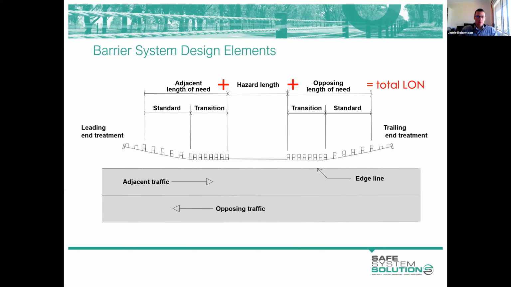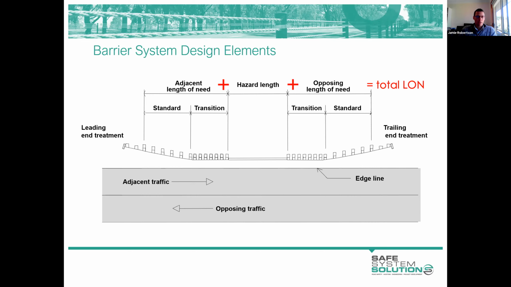So we might have a one-way roadway or a two-way roadway. If it's a one-way roadway, we're only concerned about shielding a hazard for one direction of travel. If it's a two-way situation, we need to think about the length of need from both directions. So our total length of need would include both of those elements plus the length of the hazard, as you can see there.